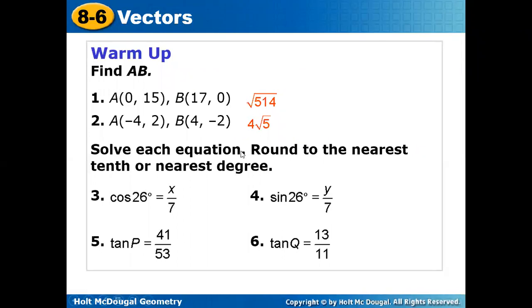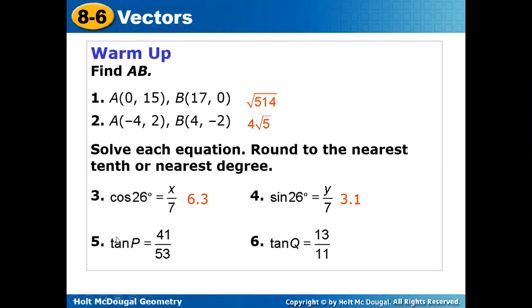Now solve each equation. Remember, when we have the unknown in the numerator, we multiply cross product. So x equals 7 cosine 26, which is equal 6.3. And here to find y, multiply 7 by sine 26, it will be 3.1.